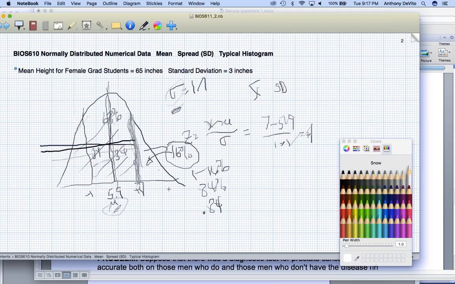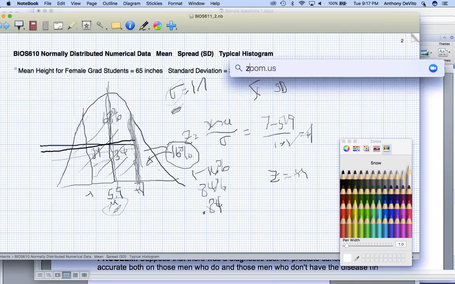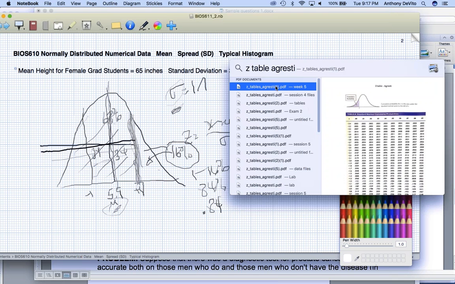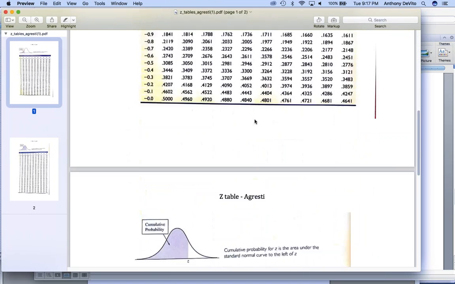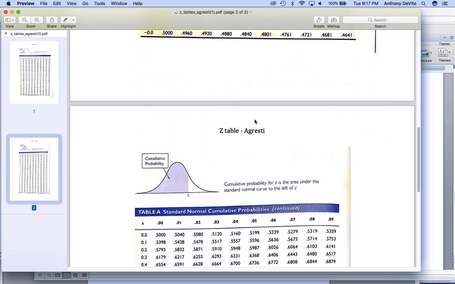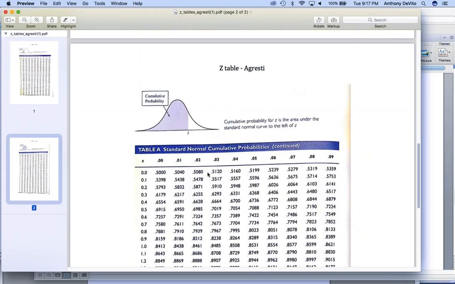If we wanted to calculate it more accurately, we would use our knowledge of the standard normal distribution and calculate the area associated with a z-score of +1. One of the ways we would do that is to look up our z-table. Let me pull it up here. Remember, this table is designed so that whatever the z-score is, the area we get from the table is the area to the left of z.